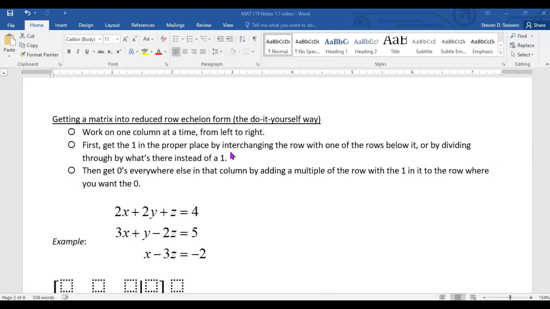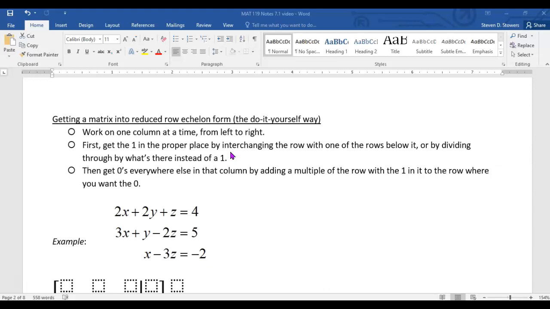So I am going to work through at least one example of doing this by hand, where you do all the row operations yourself to try and wrestle your matrix into that reduced row echelon form. So one way of solving these kinds of problems is to do this all yourself, the way I'm going to do in this example.